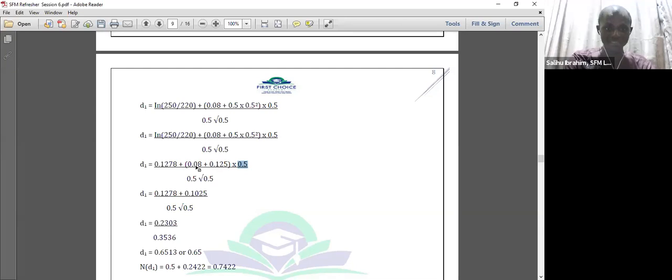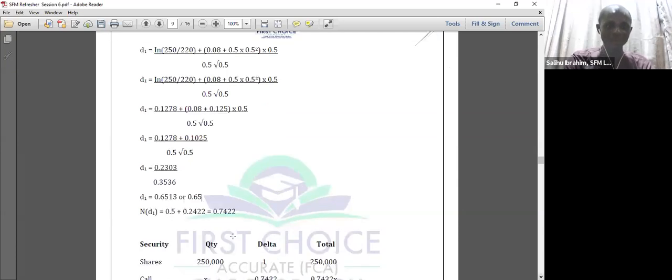So this plus this multiplied by this is what is giving us this. Then the square root of 0.5 times 0.5 is what is giving us this. 0.1278 plus 0.1025 is what is giving us 0.2303. So divide this by that, you have your d1 to be 0.6513, or 0.65.